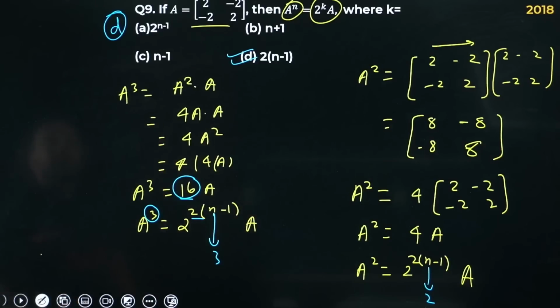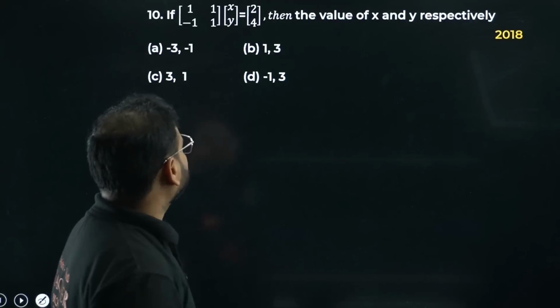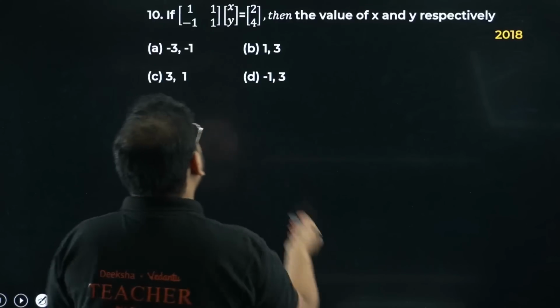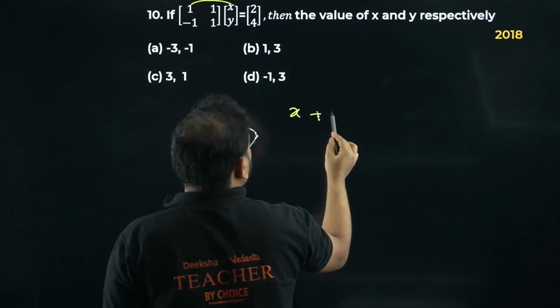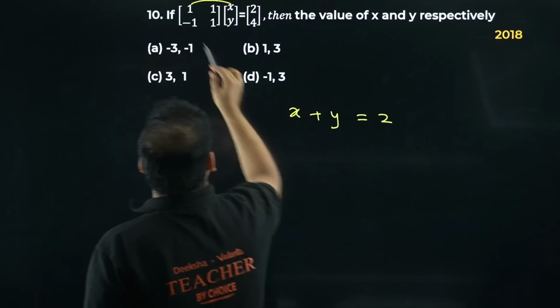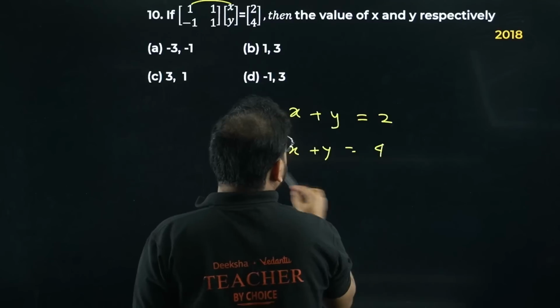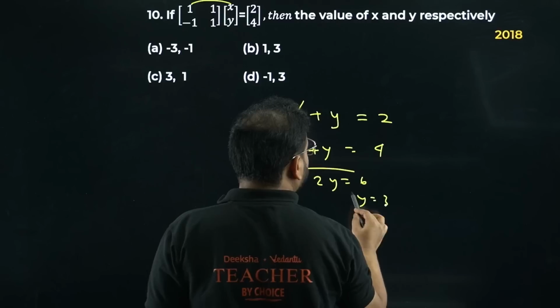Okay, moving on. Question number 10 now. This is a very simple question. Please check here. I have x plus y as 2, and the other equation, minus x plus y as 4. Add it. 2y is 6, which means y is 3.